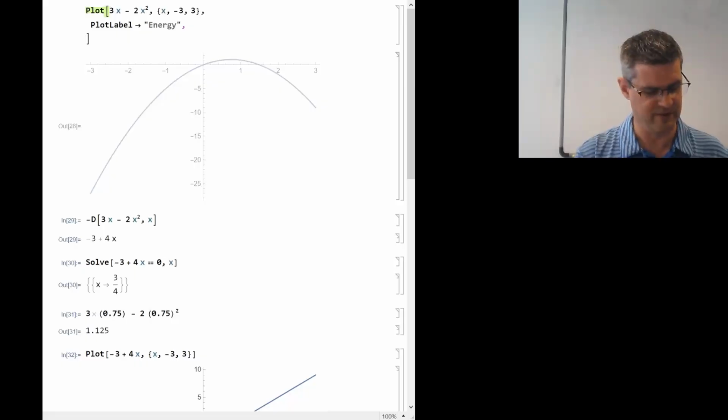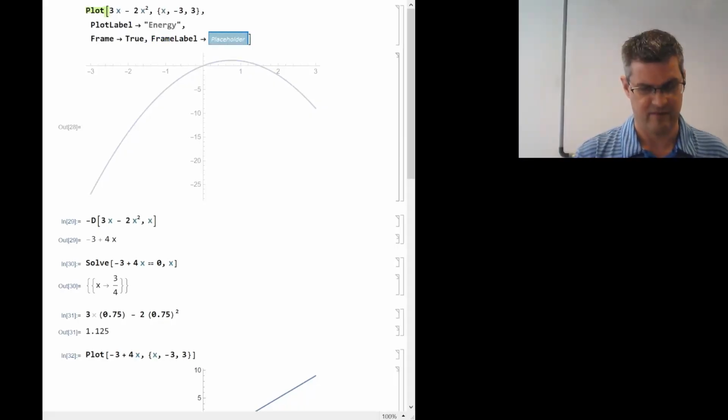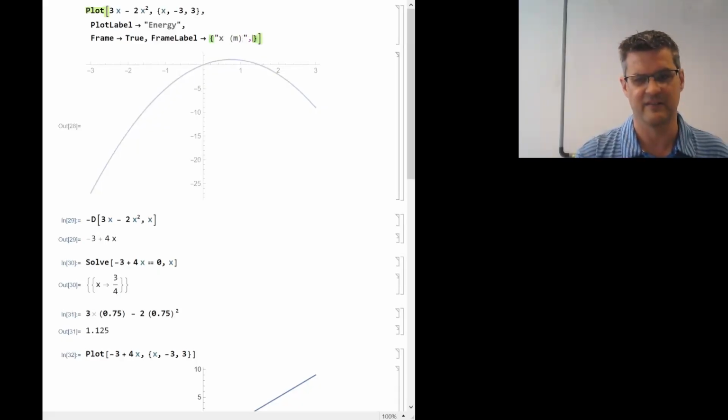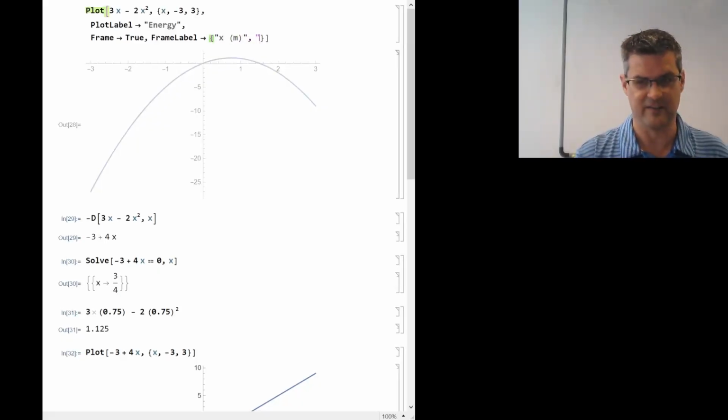and we're going to do a little bit of dressing up here to make it look pretty. Let's call this x in meters, and this is u in joules.